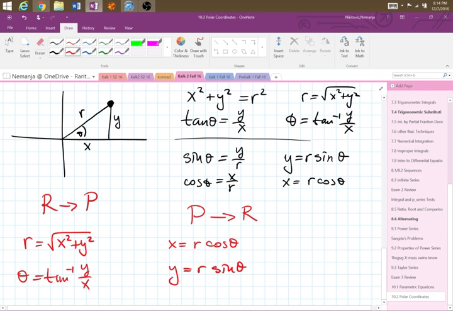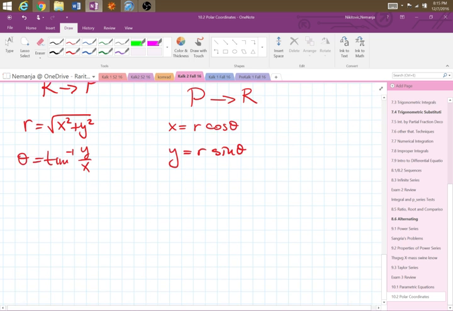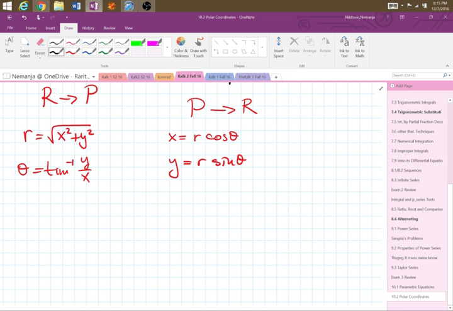So now we can change points from one system to the other. Let's see, I don't know, the point (3,7). Convert that to polar.